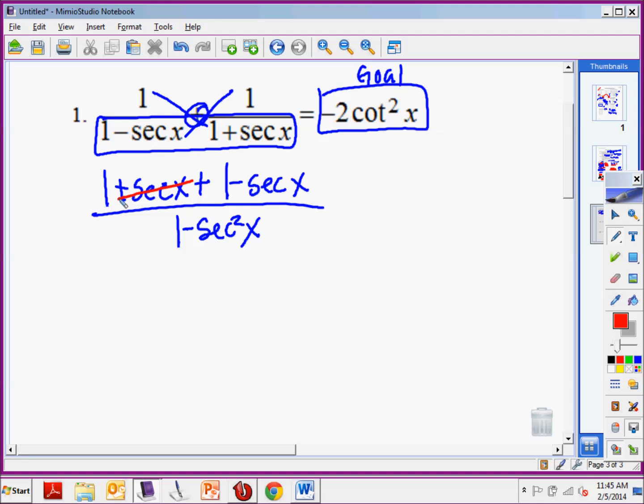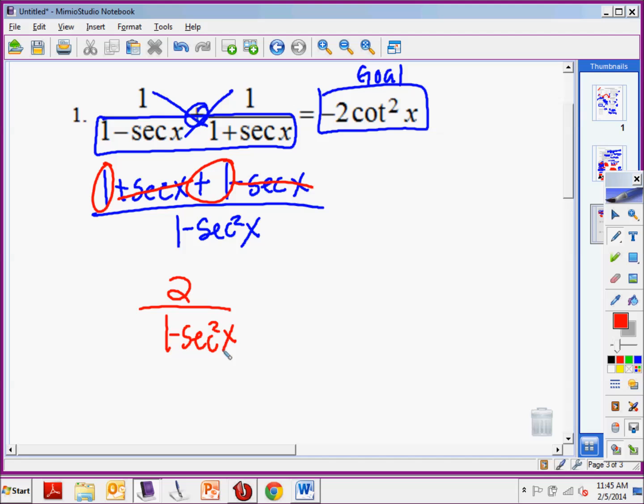So they're going to cancel themselves out, and I'm just left with 1 plus 1, which is 2. So we have 2 over 1 minus secant squared of theta. I mean, it's x. Okay? Does everyone understand what happened here? All I did was combine like terms. I haven't done any trig, just algebra. We combined like terms. Good?